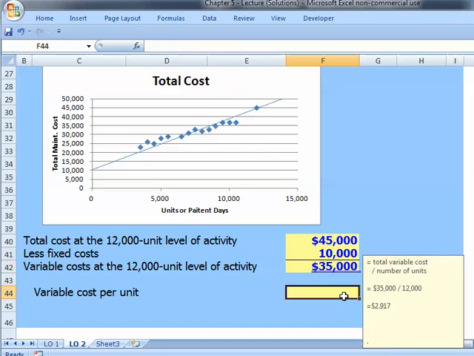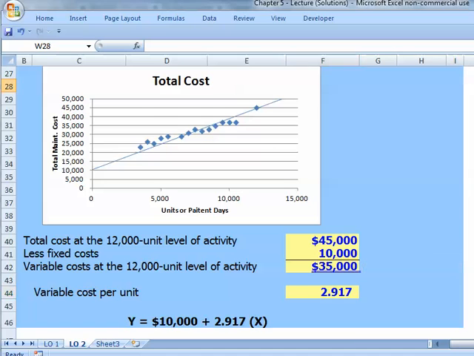My variable cost per unit then will simply be my $35,000 in variable cost divided by my 12,000 units. And I get a cost equation then of Y equals 10,000, which is my fixed cost, plus 2.917, which is the variable cost per patient day, times X, which would be the patient days or activity level.